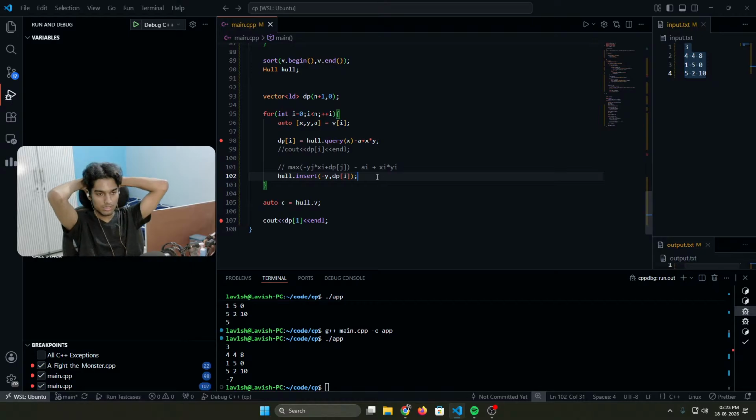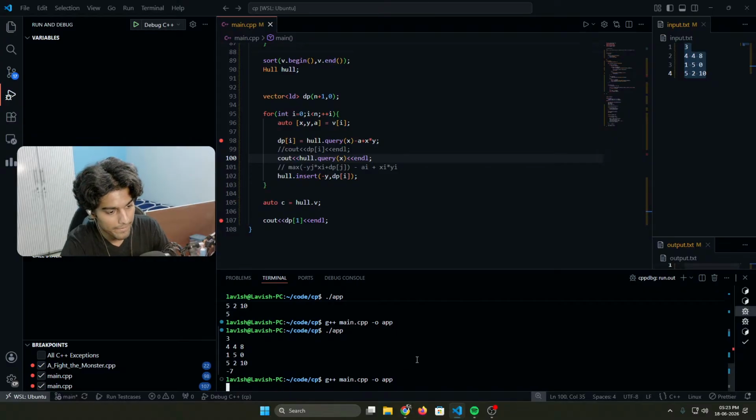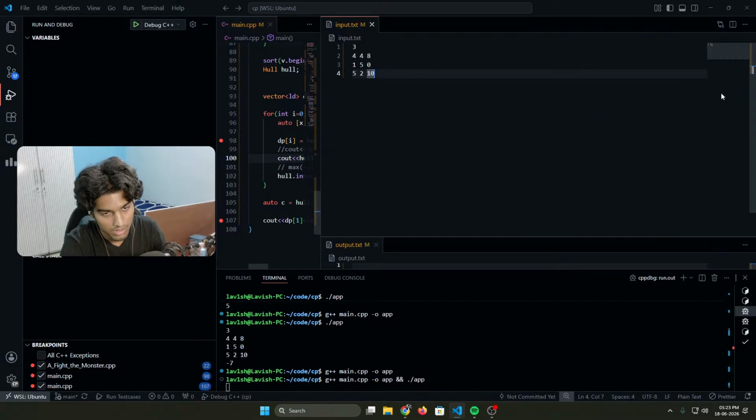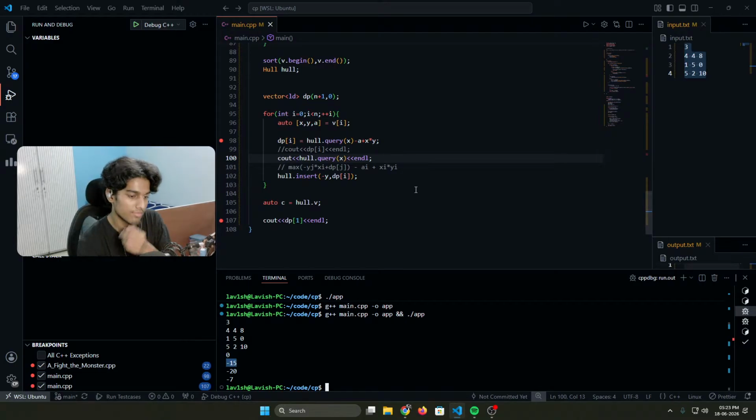Wait a minute. Let me check what this query is. You know what? Okay, so we have initially 0, which is correct. Then we have -15. What should it be?